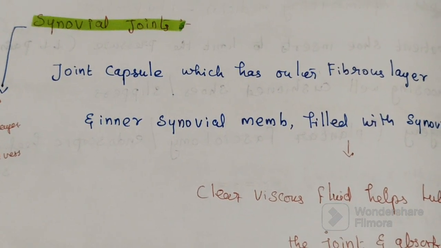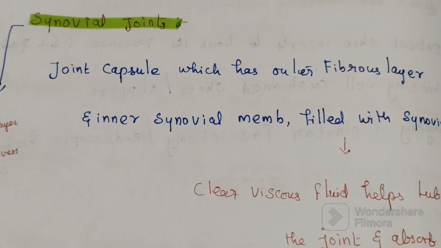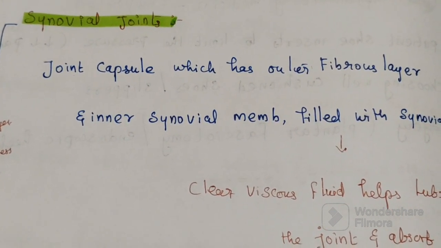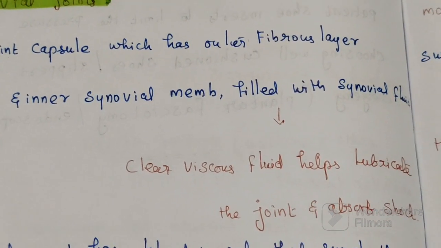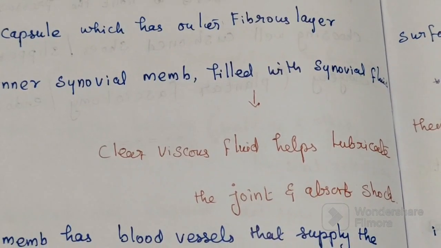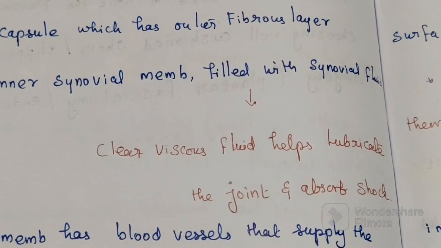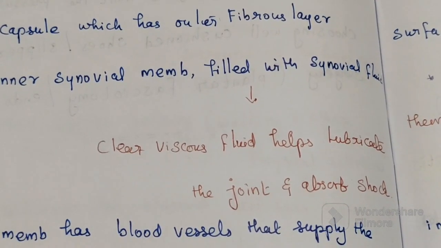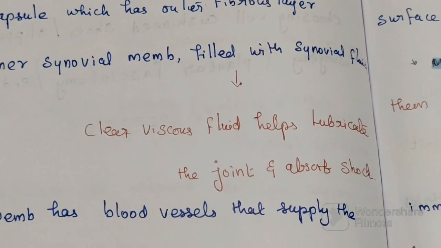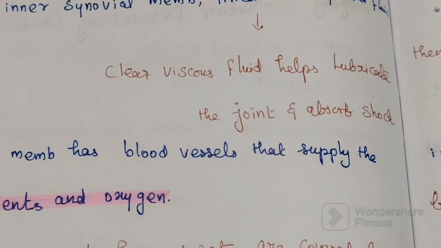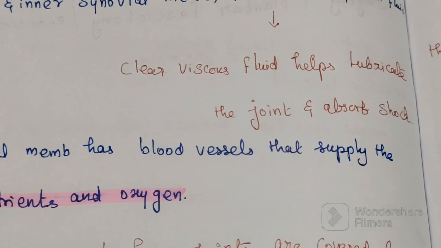The joint consists of a capsule with an outer fibrous layer and an inner synovial membrane filled with synovial fluid. That synovial fluid is a clear, viscous fluid like the white of an egg. It helps lubricate the joint and absorb shock.